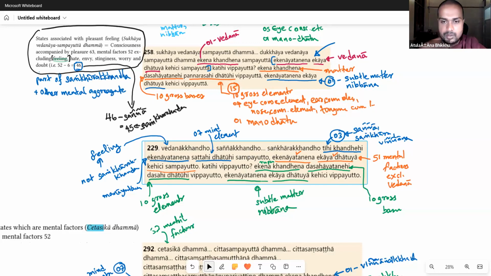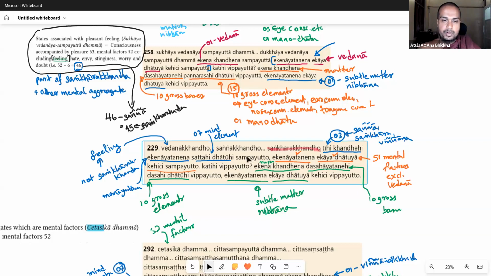In the Sankhara Khanda also we find these characteristics of ekena khandena, dasahayatanehi, dasaidhatu vippayutta. The partial association, kehichi sampayutta, is applicable for one ayatana, one dhatu, one aggregate and one element only.